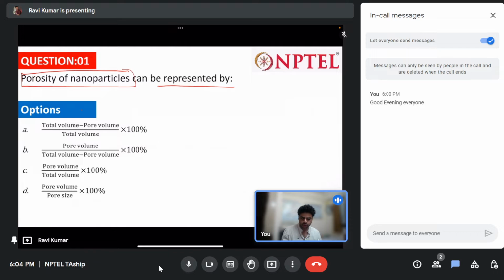Second says pore volume divided by total volume minus pore volume. Third says pore volume divided by total volume. And the last option says pore volume divided by pore size. So among these, which one represents the porosity of nanoparticles? A, B, C or D?